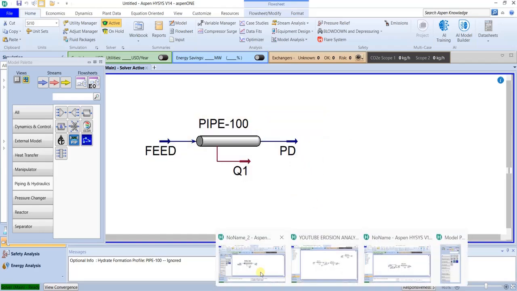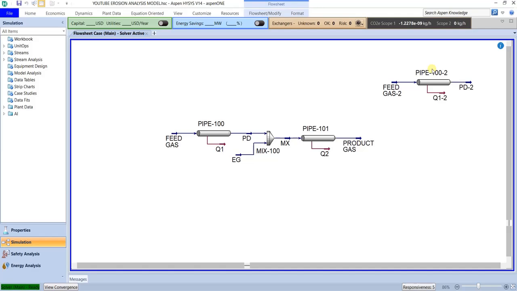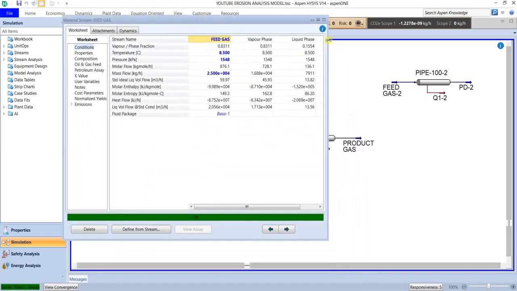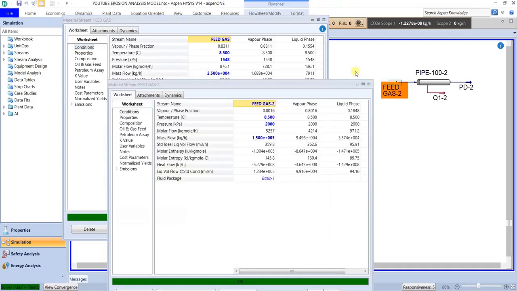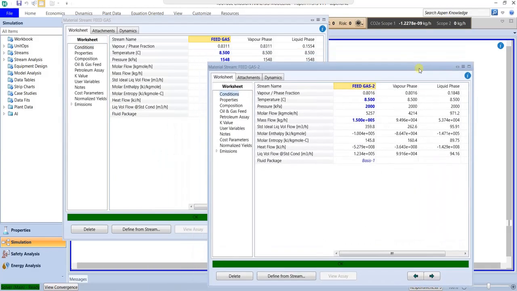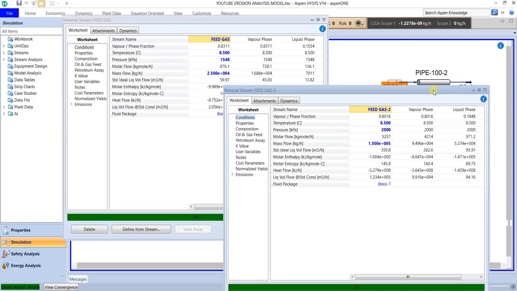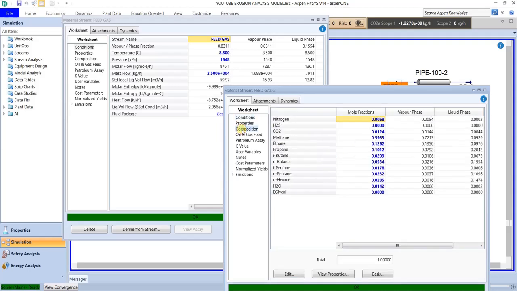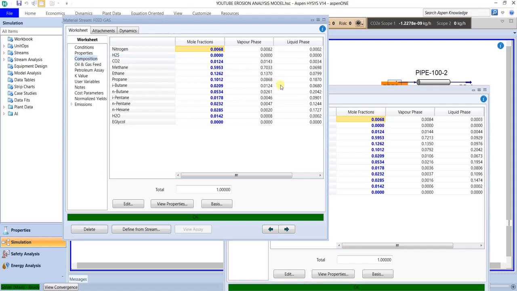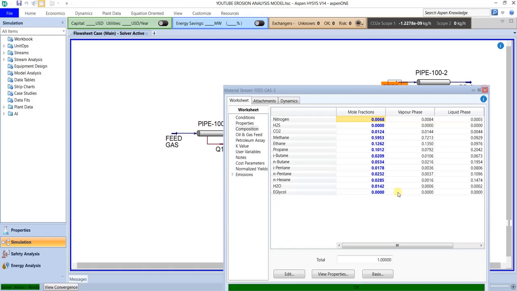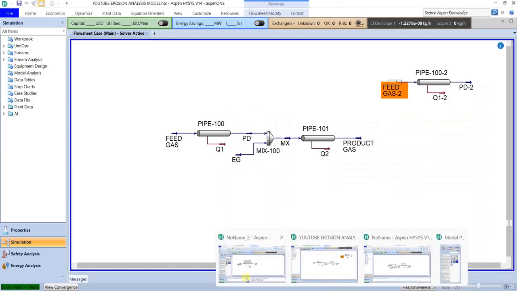So let's go back. I want to confirm that this has the same data as this first pipe, so it's basically almost the same thing apart from the pressure and the mass flow. Yeah, because I will be making use of it. So yes, the composition is the same, right? So let's go back to our model.